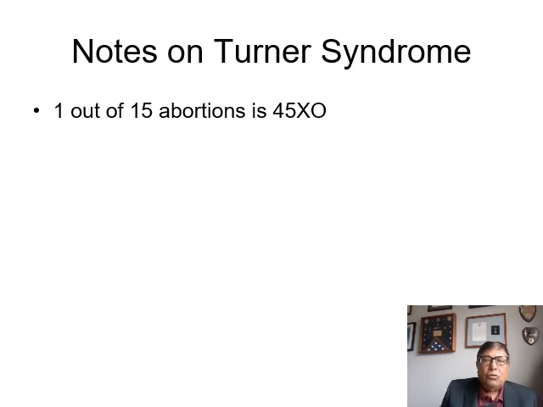So I'm going to discuss some of the important salient facts about Turner syndrome and its features. This is a very important board question. These points that I am going to present are very important for you to know.